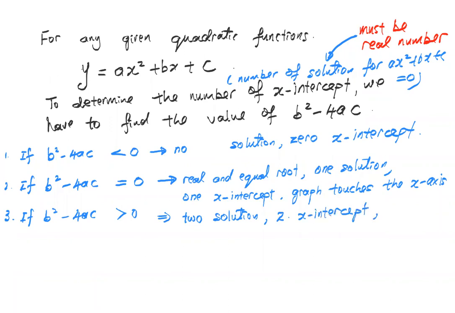It means the graph cut the x-axis. Do you know the difference between cut and touch? Cut means like that. This is called cut. You see? So you got two x-intercept, two solutions.